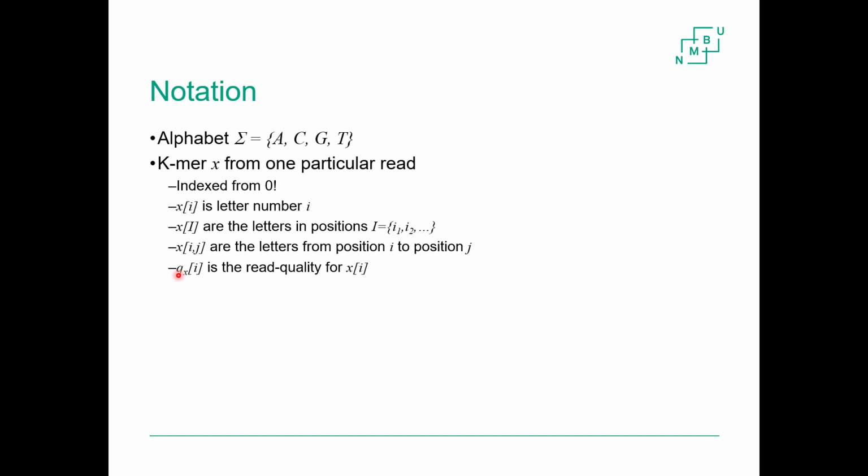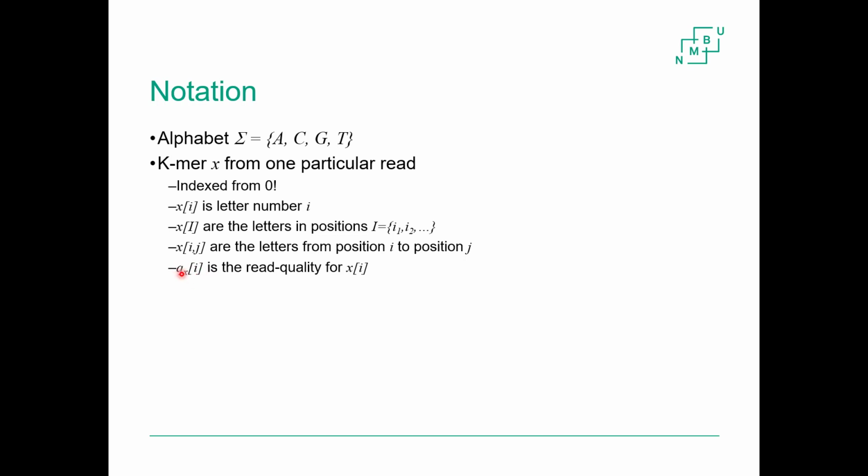And finally, Q is now the quality scores, right, for the k-mer X. Because remember, the input is from FASTQ files, so each sequence, each DNA sequence also has a corresponding quality sequence. So if you have a k-mer from a read, you also have a quality k-mer, we could say, from the read.